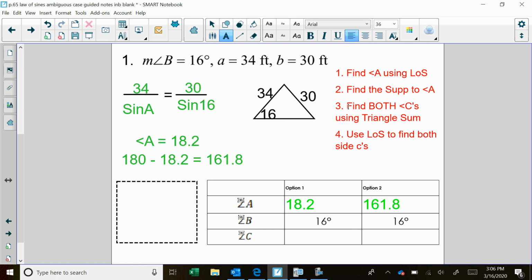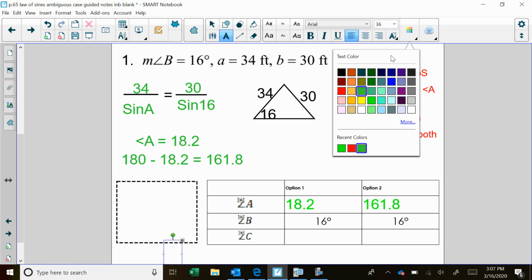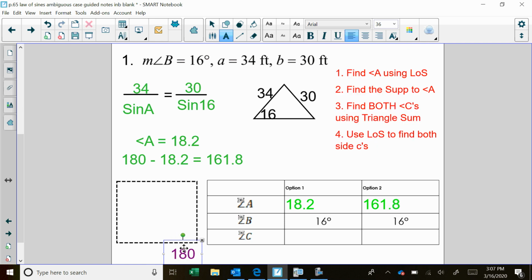Yesterday, hopefully you remember the triangle sum theorem. I'll write it down here on the bottom, 180. I'm going to use a different color, let's use purple. 180 minus 18.2 minus 16 gives us the angle measure that goes right below 16.